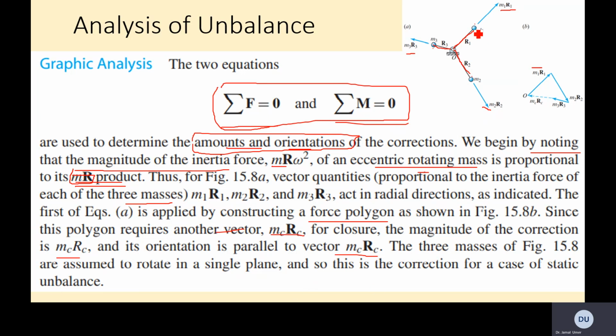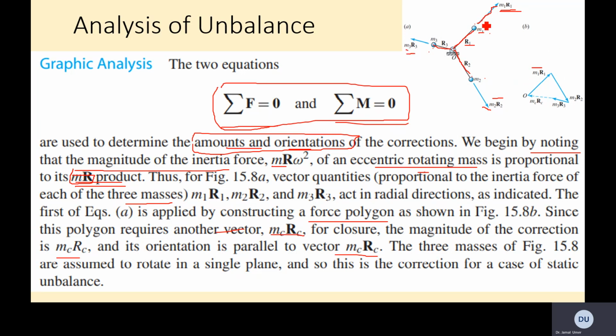Let me explain again what is being discussed. You have three masses, 1, 2, 3, and mass one has r distance and this magnitude. So m1r1 is the vector. What is this vector? It is the product of m and r1. Of course m is a static, scalar value, so this will remain the same. So this is the m1r1 vector, this is the m2r2 vector, this is the m3r3 vector.